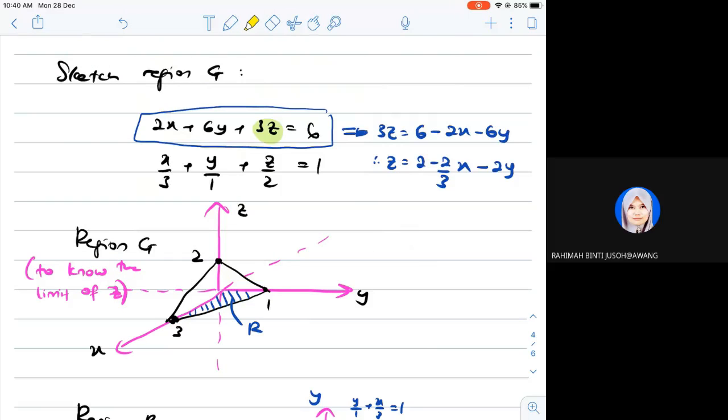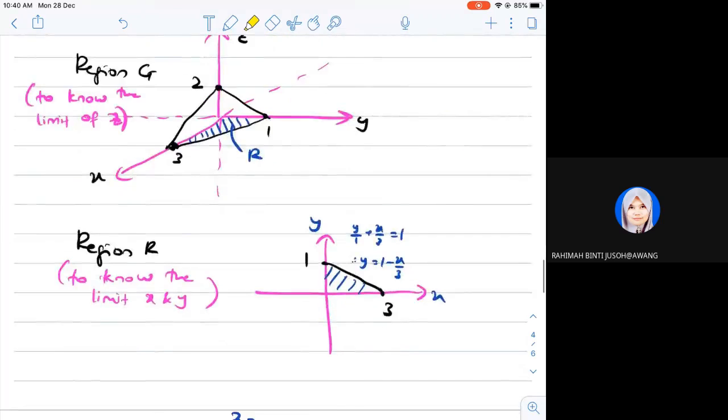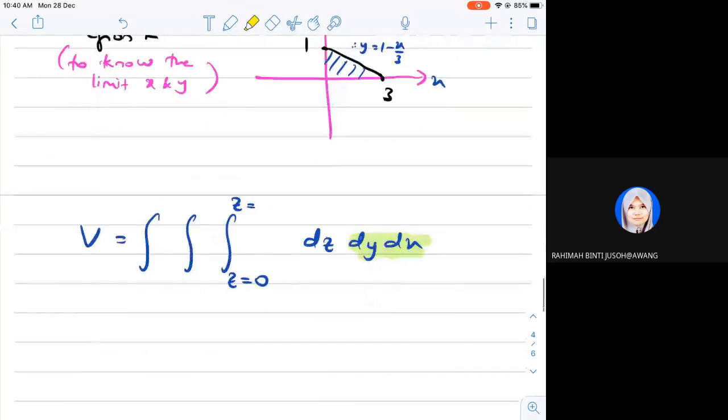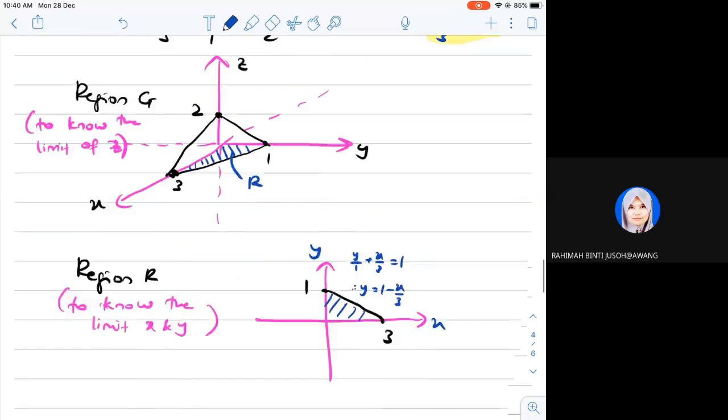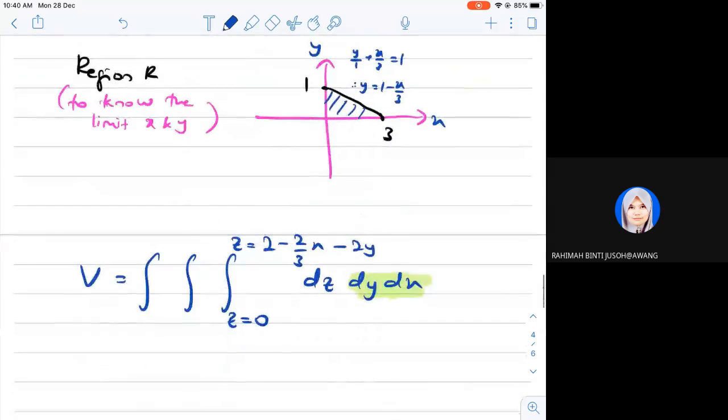Understand, guys? Yes. Okay, so this is the limit now, the limit of z. So we put the limit of z on top: 2 minus 2 over 3x minus 2y. Like that.